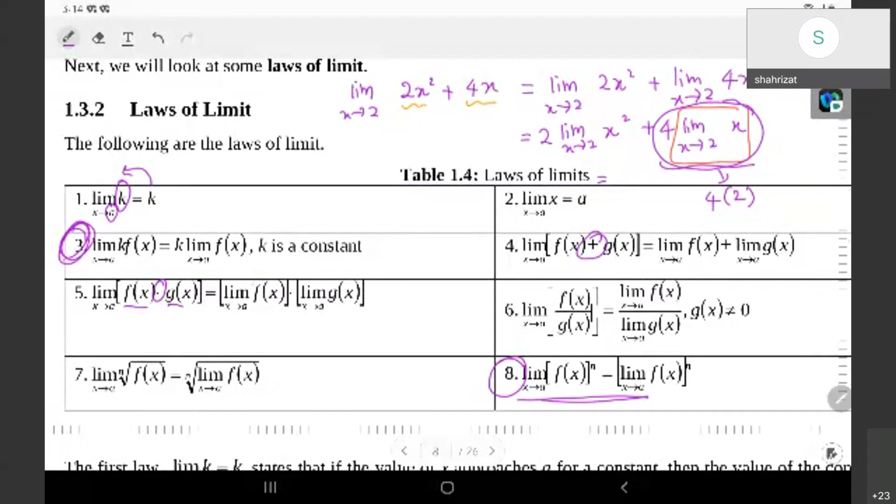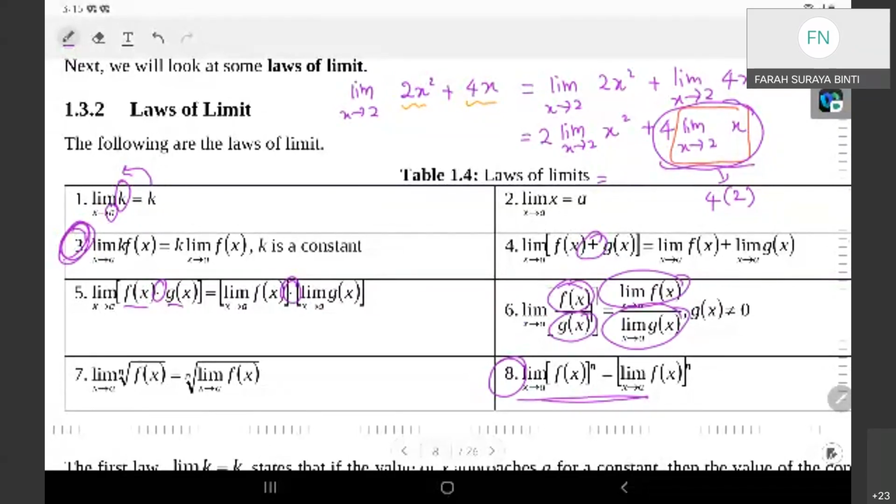We can split the limit for function f dan limit for function g. So kita akan dapat limit function f darabkan dengan limit function g. Okay, sama juga dengan law number 6, limit, and then we have two functions that divide each other. Sama juga macam tadi, limit ni kita boleh split untuk function pertama, function kedua.